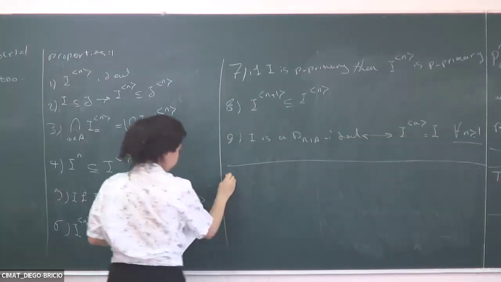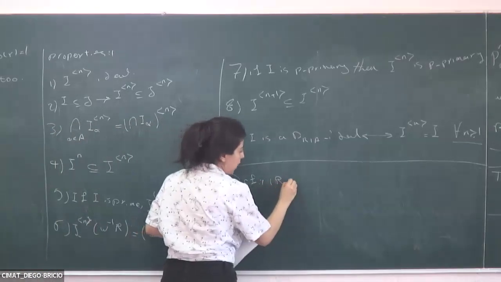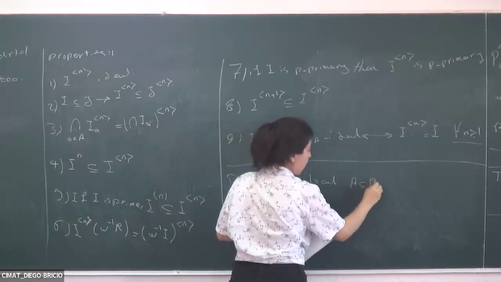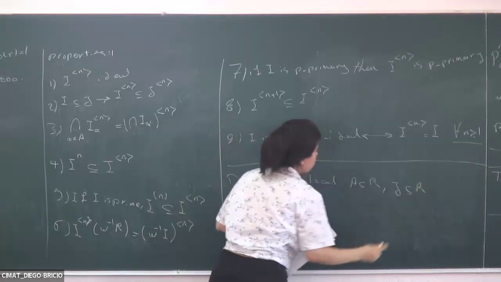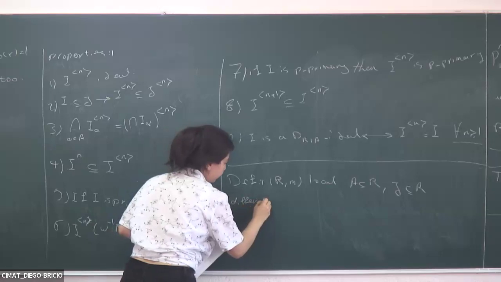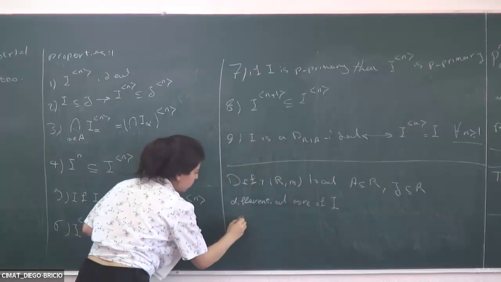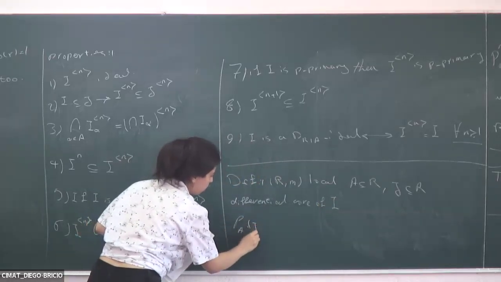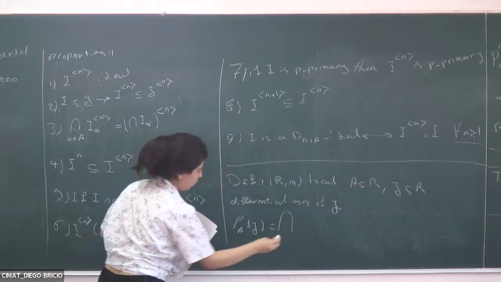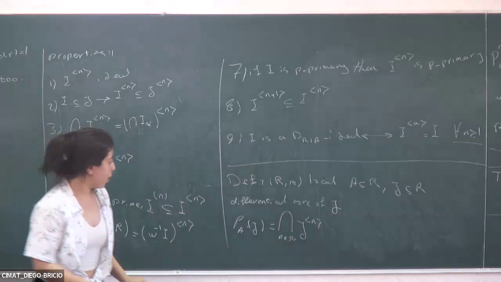So the definition for this talk is that we assume R is locally, as usual, R is a subring of A, and J is an ideal of R. The differential core of J we define as follows: it is equal to the intersection of J to the power of n over R for n a natural number.